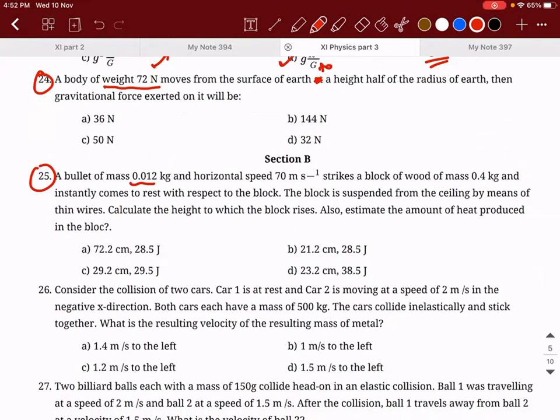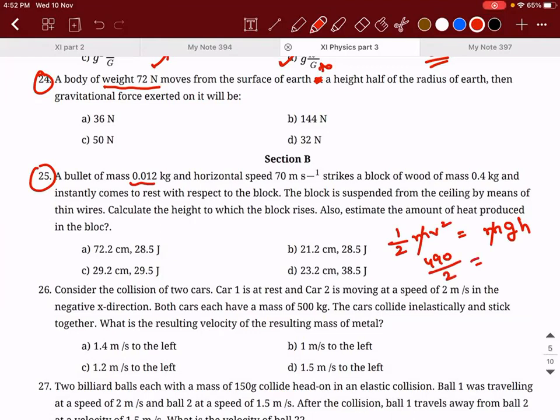So can you tell me the energy conversions that are taking place? Half mv square is equal to mgh. So the initial kinetic energy is getting converted to the potential energy. So v square by 2, that is 4900 divided by 2, is equal to, mass is not needed at all, right?